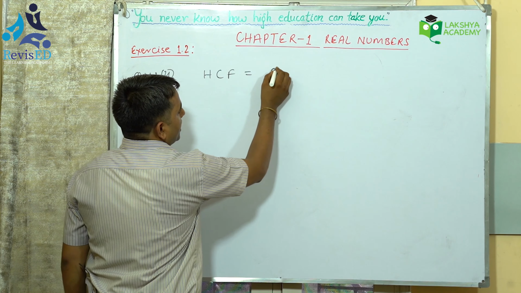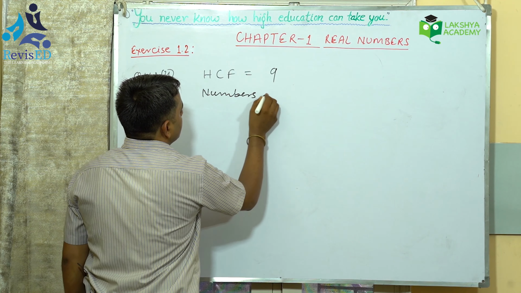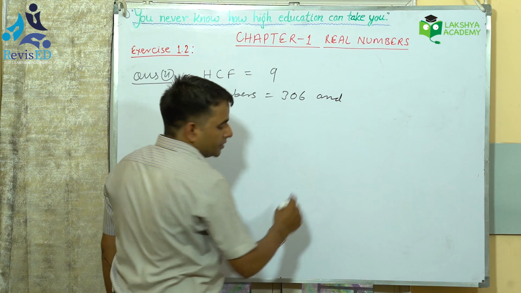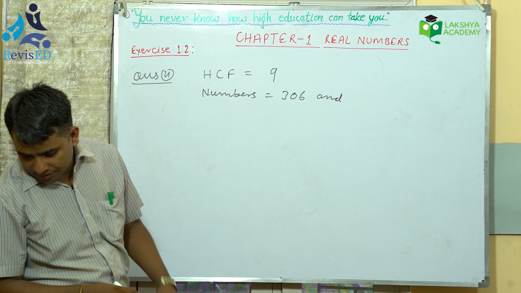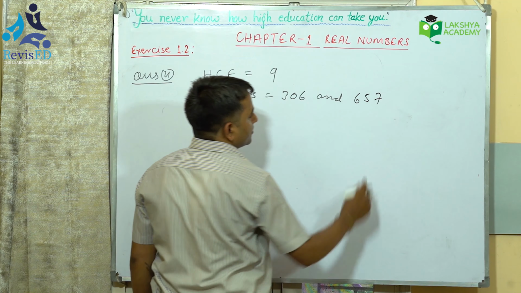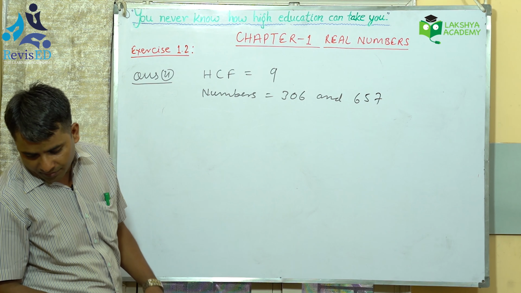So the HCF is given as 9 and the numbers are 306 and 657. We need to find the LCM of these numbers.